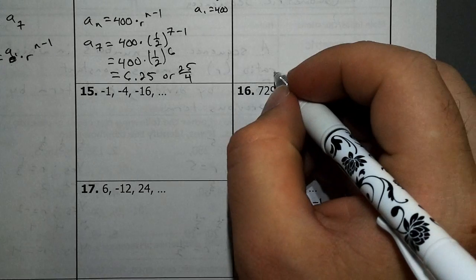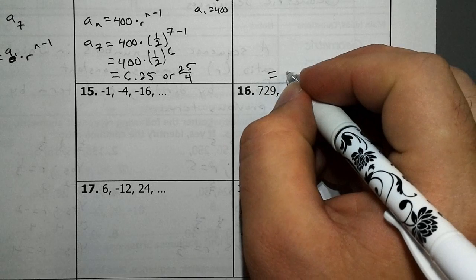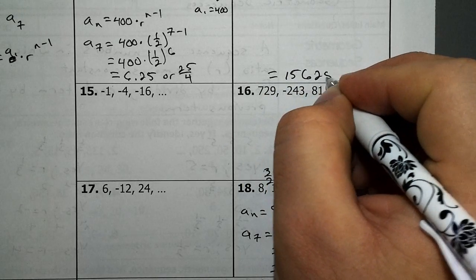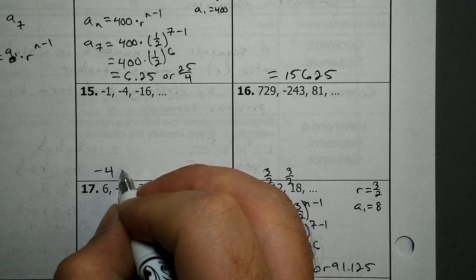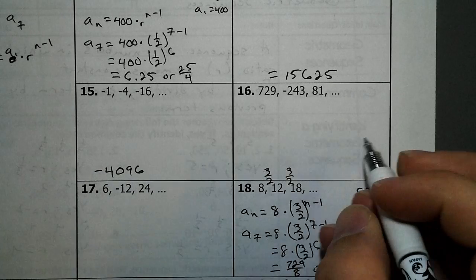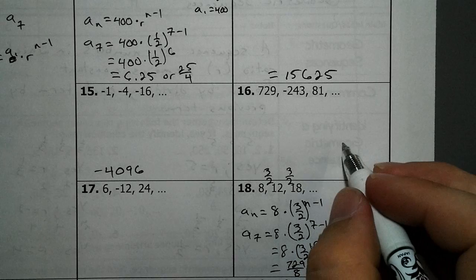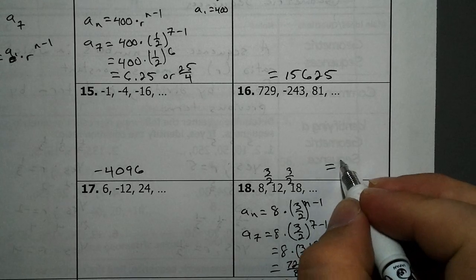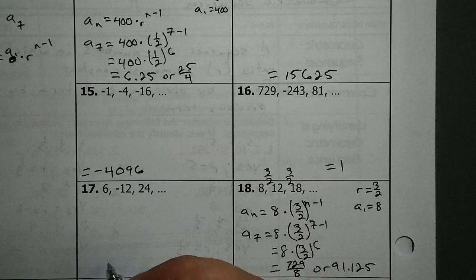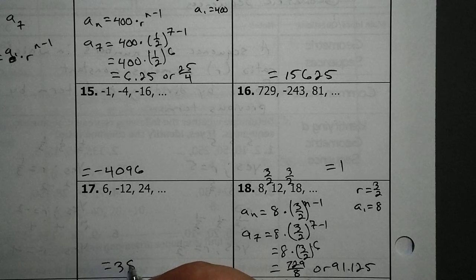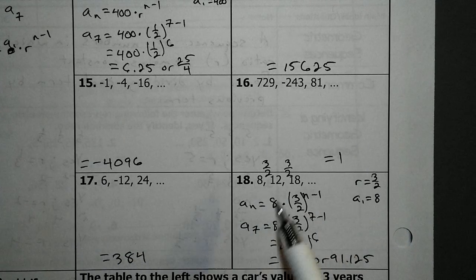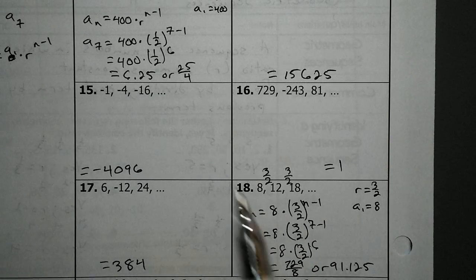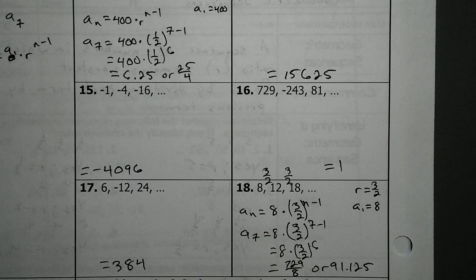So the final answer here on 14 is 15,625. The final answer here on 15 is negative 4,096. The final answer on number 16 is just 1. And the final answer here is 384. Just in case you want to work those out later and see if you know how to do these, you can check your answers with those.